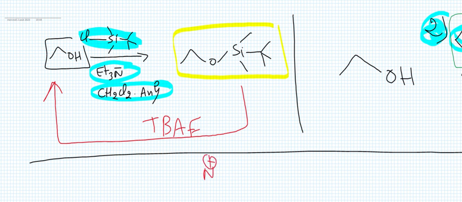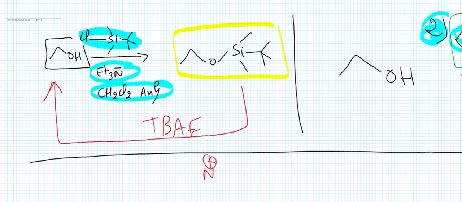So this one, 1 2 3 4. Here is the butyl, 1 2 3 4, 1 2 3 4, and 1 2 3 4, and F minus.